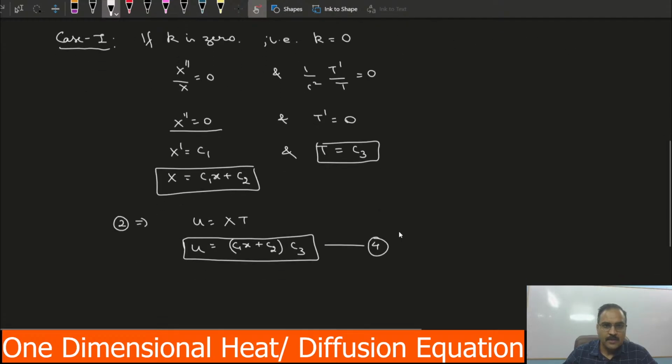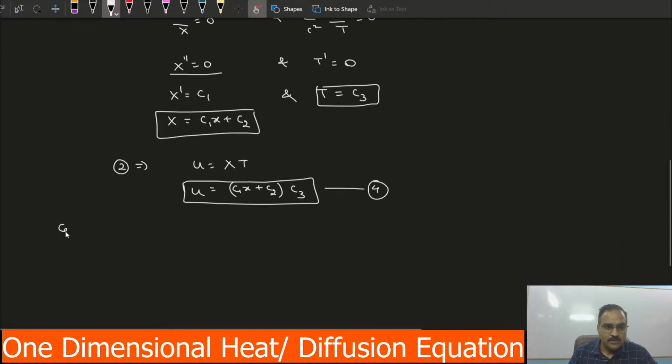Okay, now case number 2. Let us suppose that k is positive. If k is positive, we take k = p², because the square of any number is always positive, where p can be any number, positive or negative, so the square will make it positive.